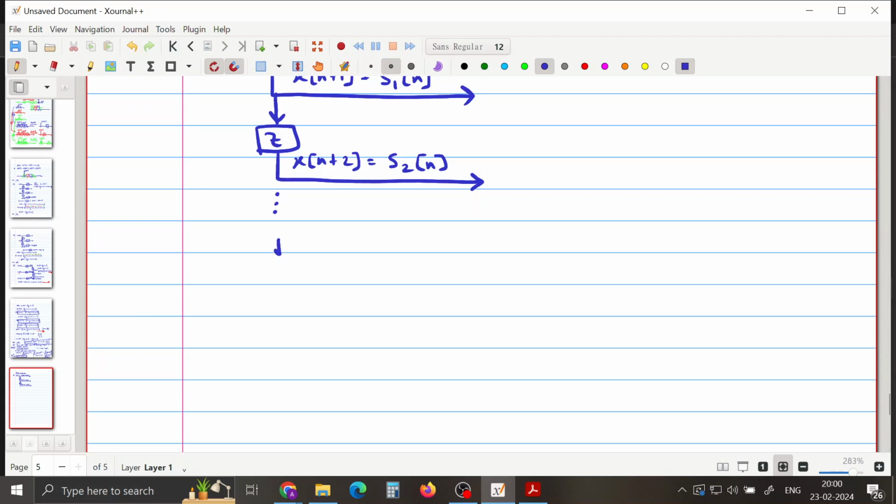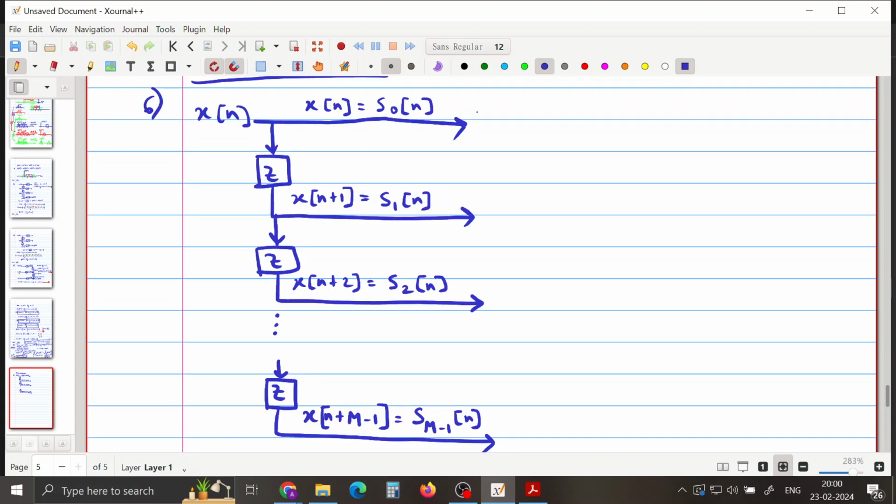So we will have the m minus 1th advance block that yields x of n plus m minus 1, which is the same as s m minus 1 of n.